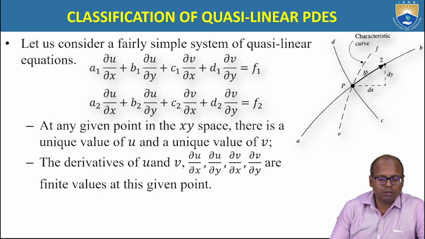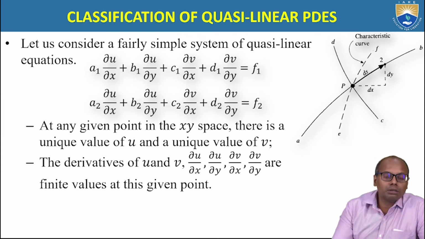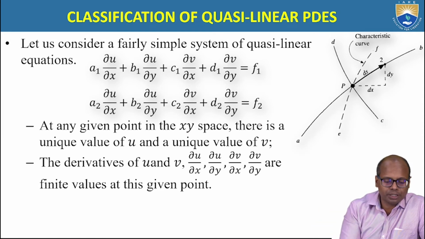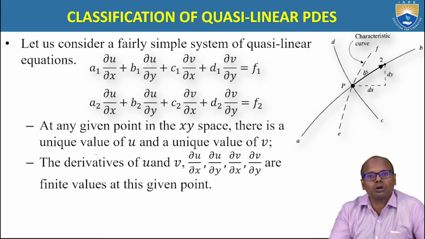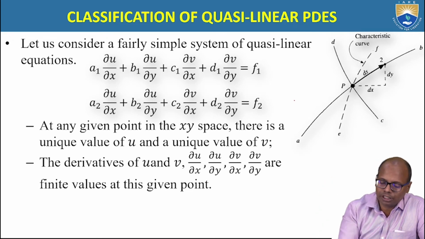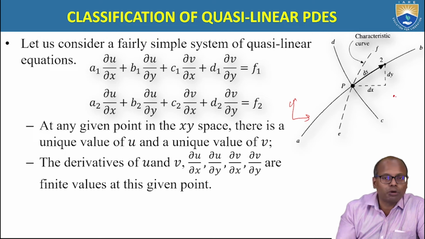Now any point in xy space has a unique value of u and a unique value of v. As you all know, in xy space, suppose I take this point, it has coordinates x1, y1.